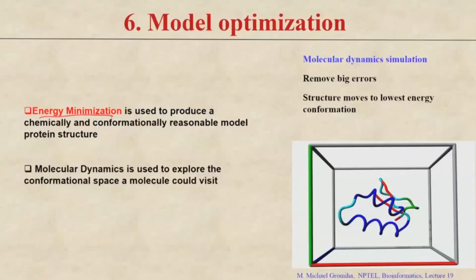In this case you can do energy minimization and see whether the model is chemically and conformationally reasonable or not. There are different methods available to minimize energies, and you use the energy minimization technique to see whether your protein is reasonably good and energetically favorable.